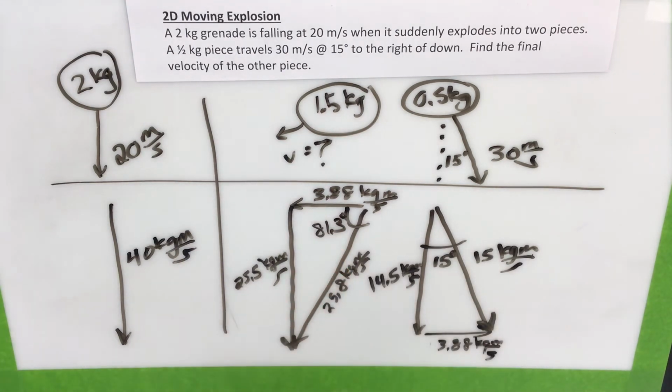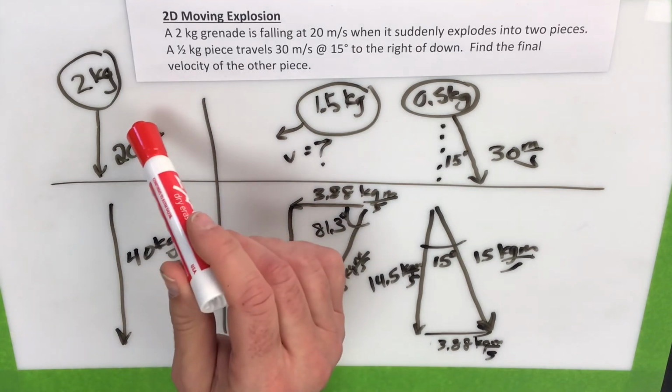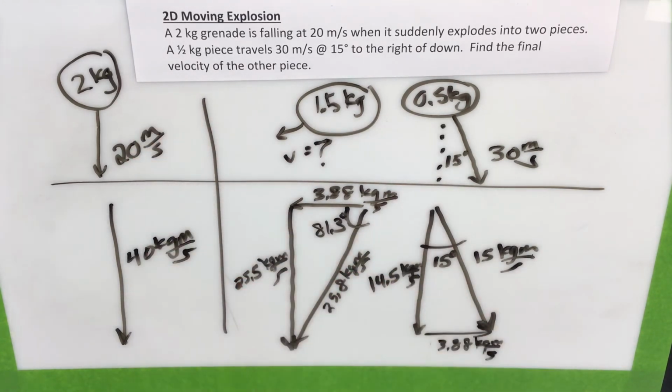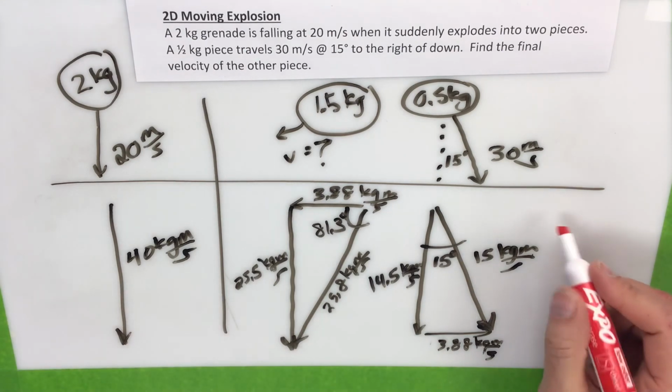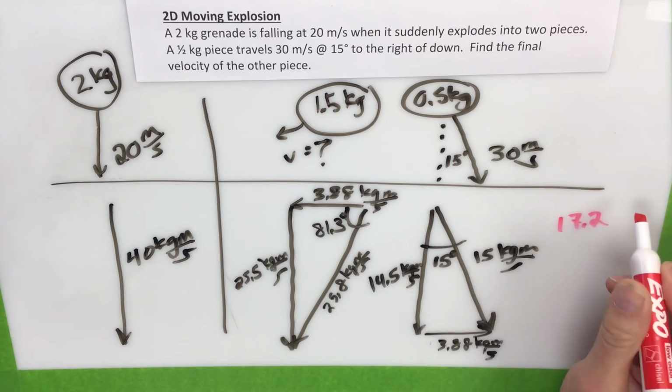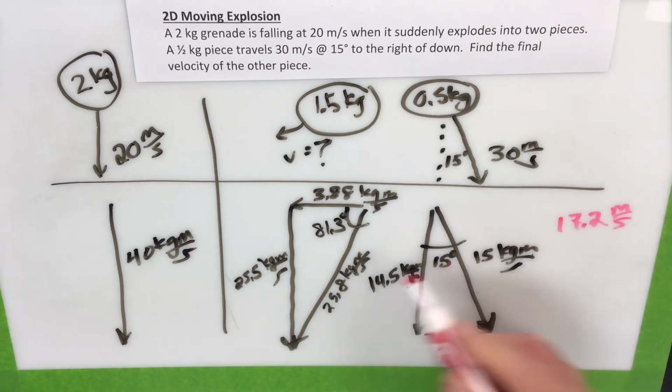Mass is 1.5 kilograms, and so just like I did before, mass times velocity, I'm going to take momentum, divide by the mass to get the answer. 25.8 divided by 1.5 is equal to 17.2 meters per second. Same direction.